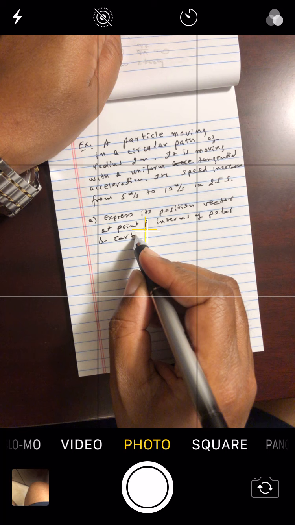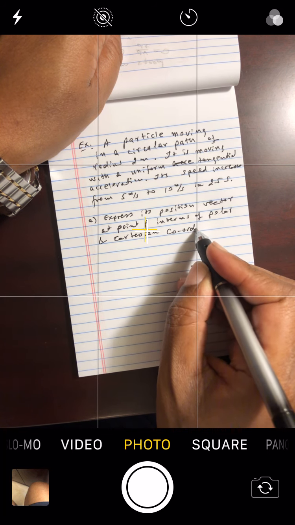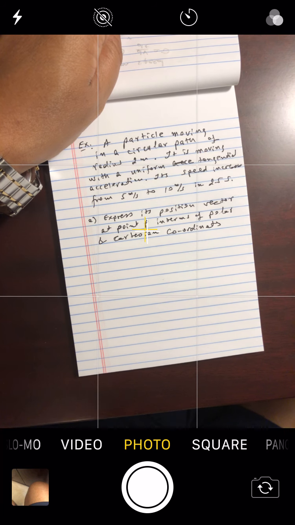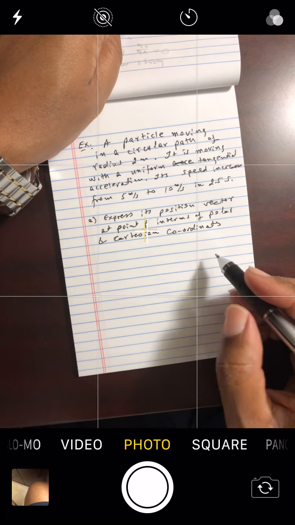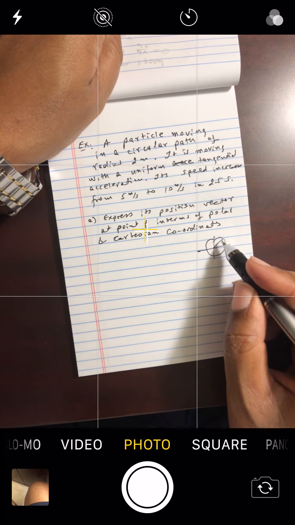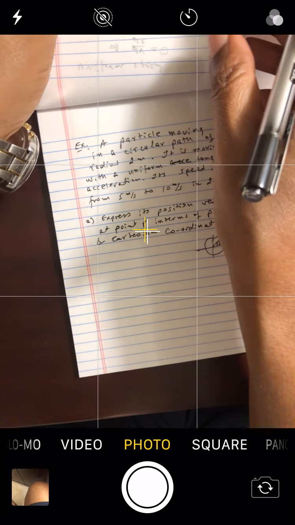So we've already done this. So if you use the same point over here, it's the same problem we did before. So let's say if you use the same angle, it will be the same thing over here.